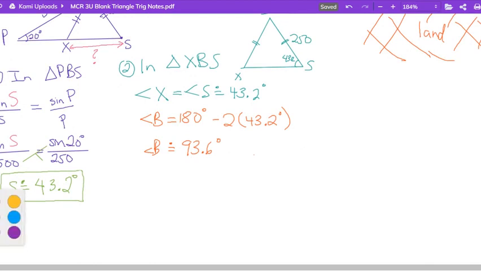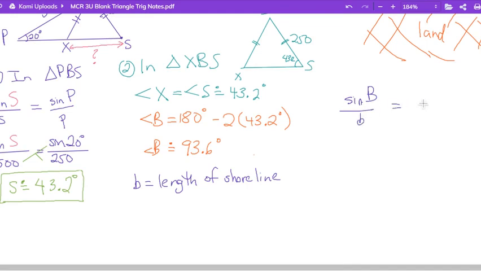Okay, lastly, I'm going to find that length. All right, I'm going to call B the length of the shoreline. So I'm going to set up a sine law. Folks, notice I write the formula every single time. I don't need you doing that every single time, right? It's okay if you just pop the numbers in right away.